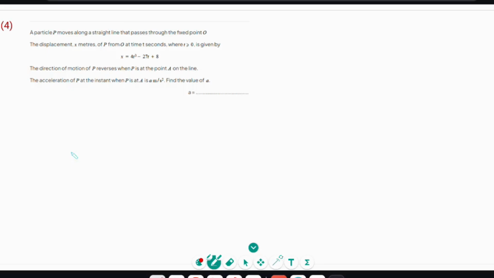So here, let's just look at this idea. The direction of motion of P reverses when P is at point A. When velocity is negative, it means the direction of motion is opposite to the chosen positive direction. So we need to find out when the velocity is negative. So we have displacement here. Let's differentiate to get velocity.